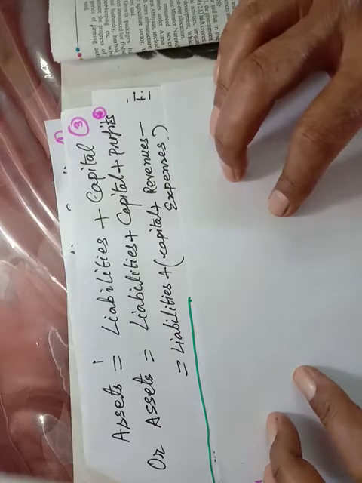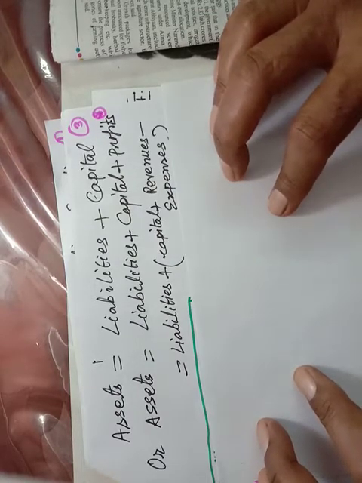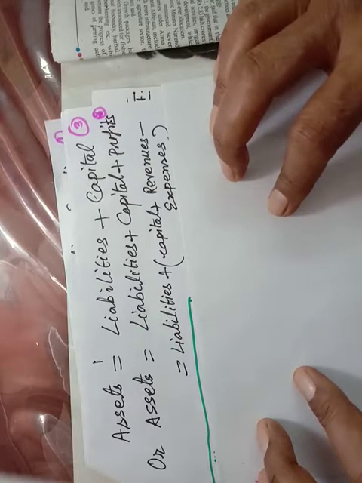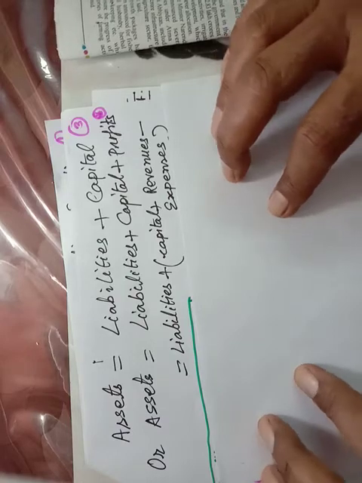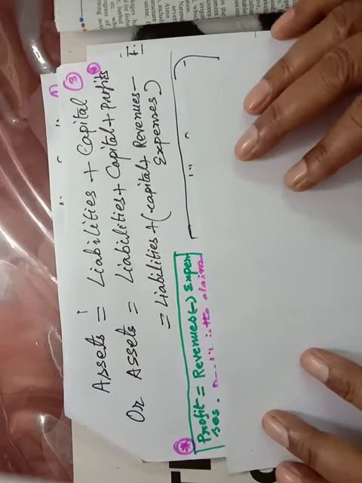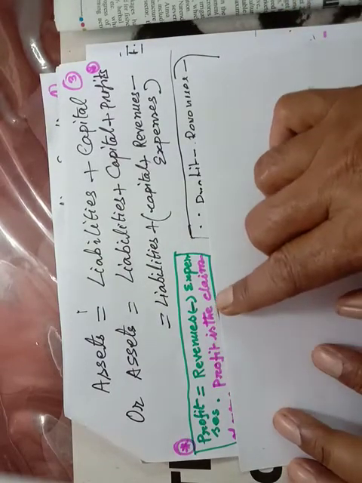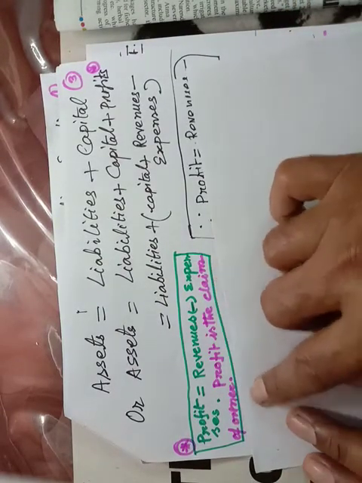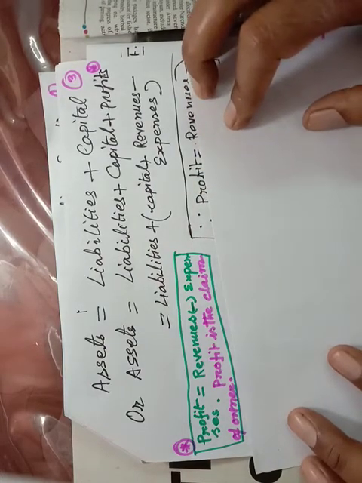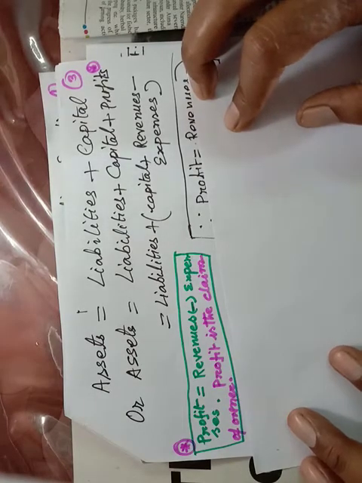Profit may be negative also, but to be positive thinking, we add profit. If there is negative profit, meaning loss, it is to be subtracted. So why is profit added to capital? Because, you see, profit is the claim of owner.